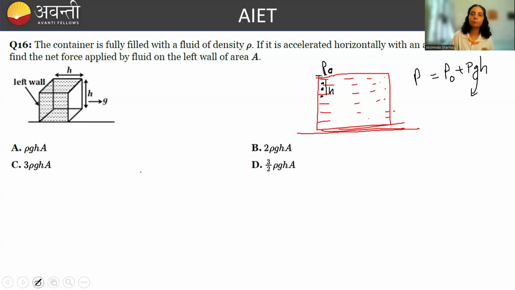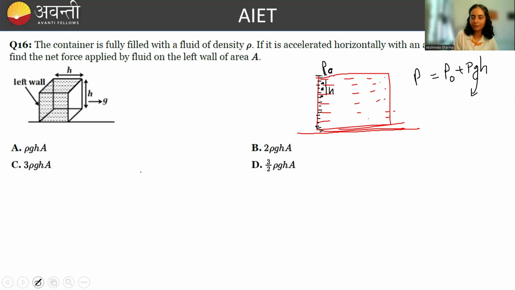Acceleration due to gravity. So if acceleration due to gravity is taken into account, then the pressure acting on the wall can be calculated like what?